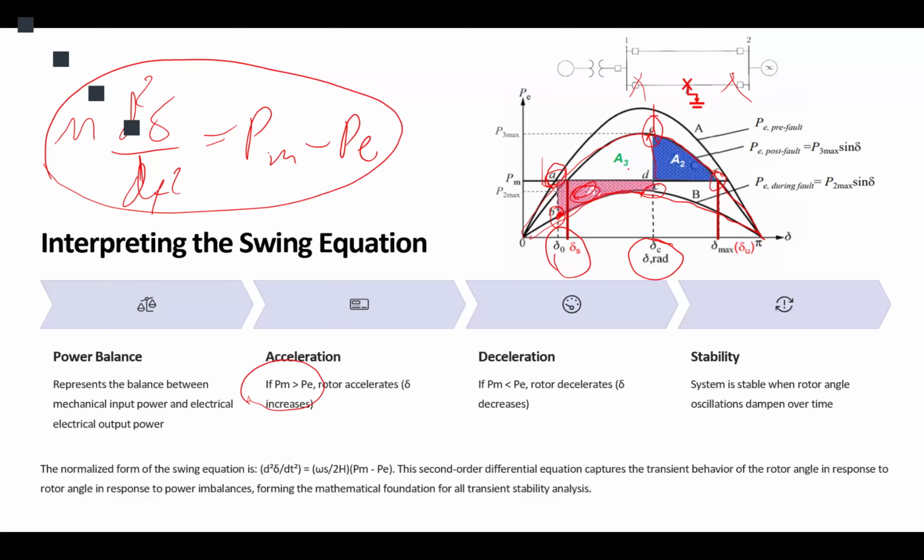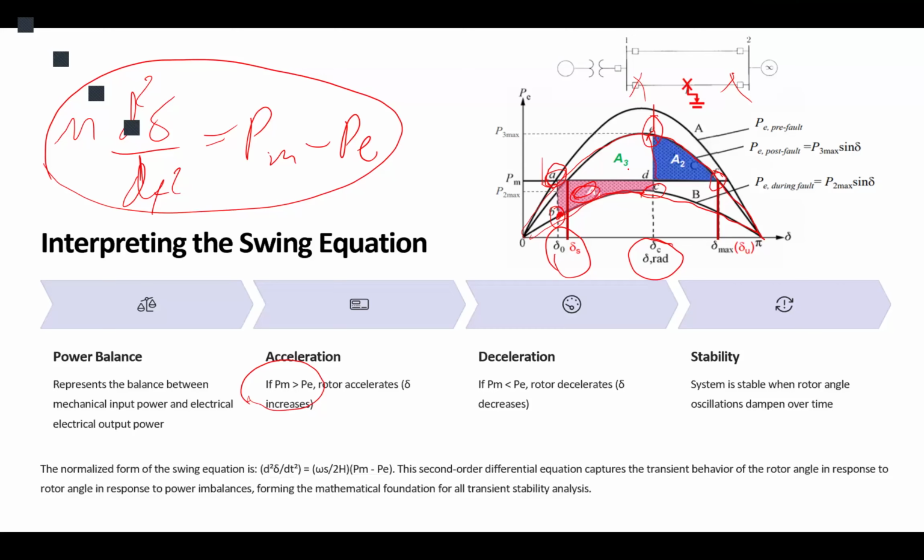When PM is less than PE, like the blue area, A2, we call it a deceleration period. It's because now the delta wants to decrease the amount of power to meet the power balance situation.